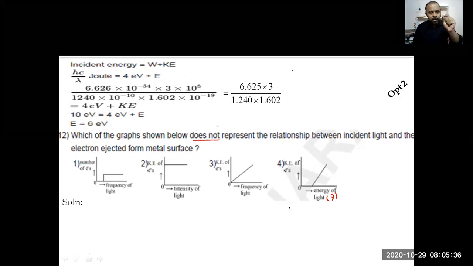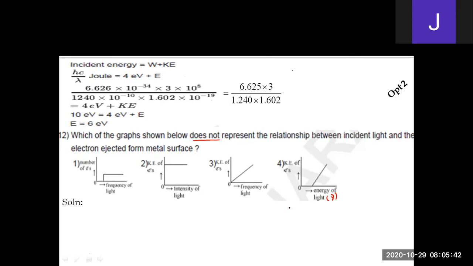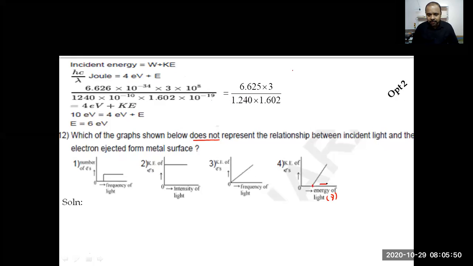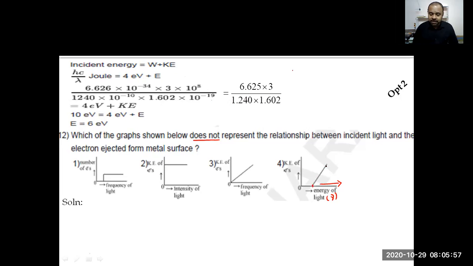A particular frequency or energy is required. That's called the threshold energy, for which the electron will be removed. This point I'm marking on the screen represents the threshold energy or threshold frequency. Beyond that, if the incident radiation increases the energy, then kinetic energy increases. So this graph, the fourth one, is correct.